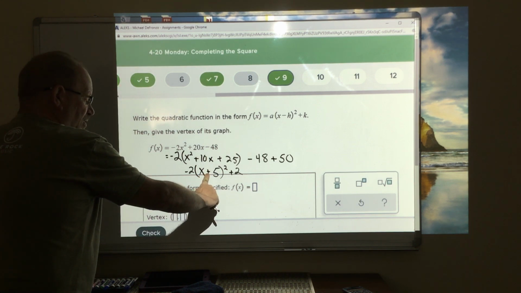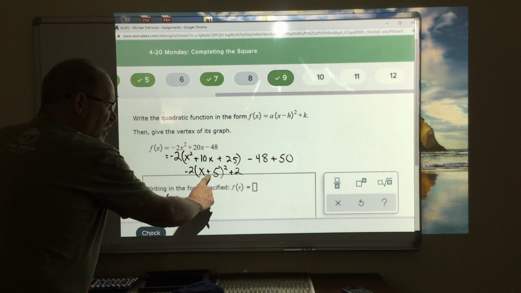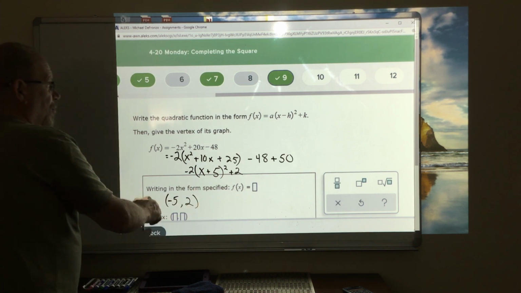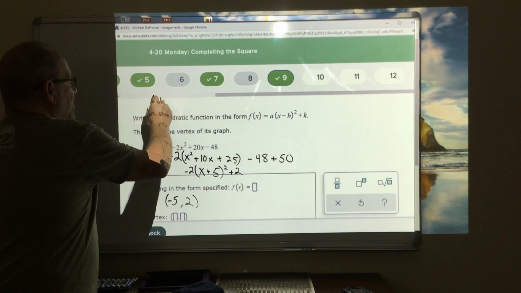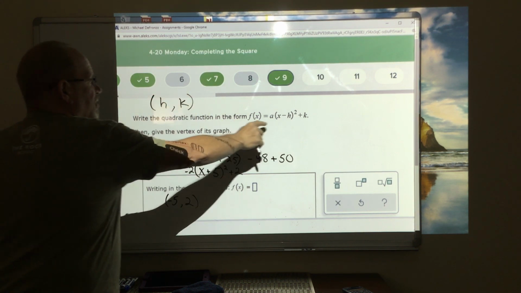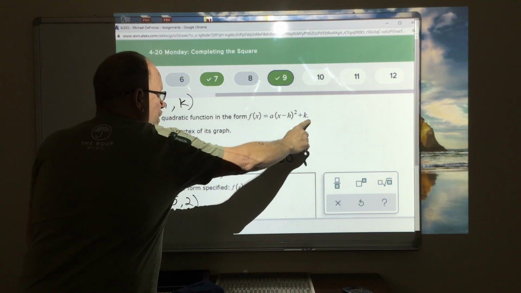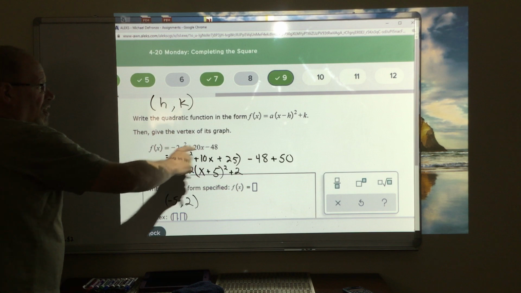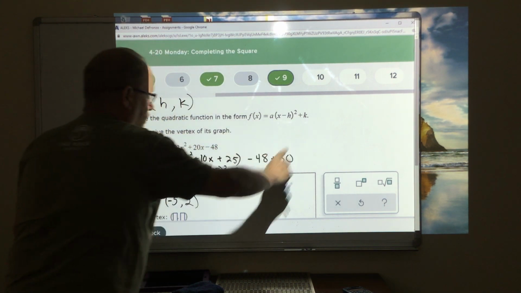That's how I get plus 5. So I have to change this sign because it's x minus the h coordinate. Now remember, this is your vertex when it's in this form. This is your vertex, at these coordinates when it's in this form.